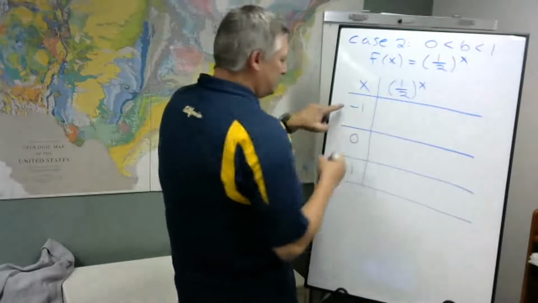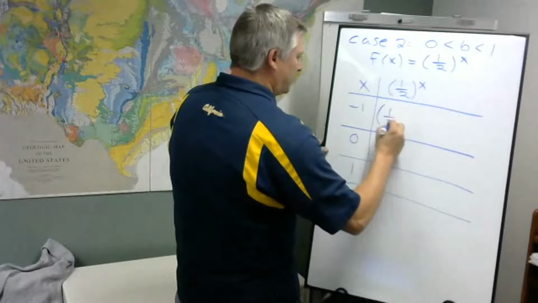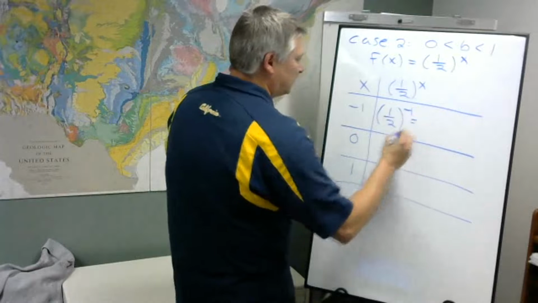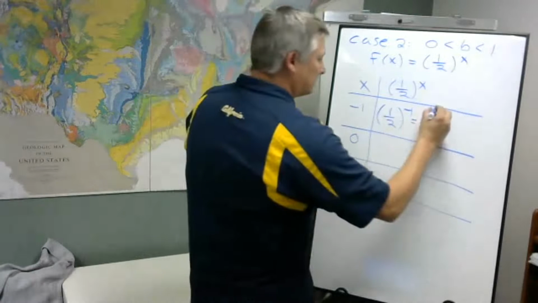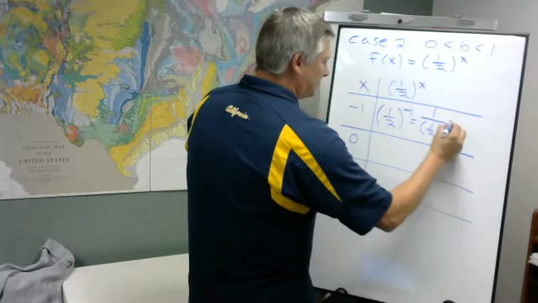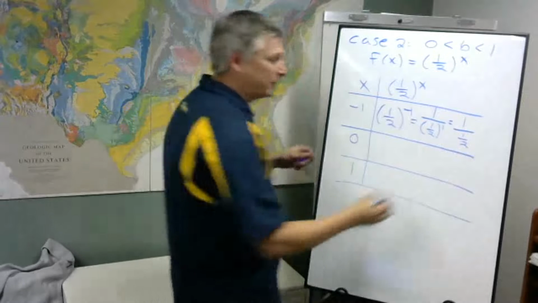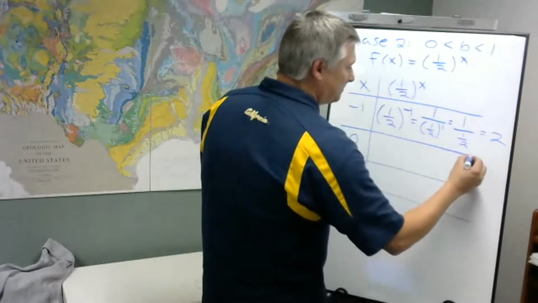So again, using these same three inputs, 1/2 to negative 1 means we take the reciprocal. That's 1 over 1/2 to the 1, which is just 1 over 1/2, and 1 divided by 1/2 is 2.